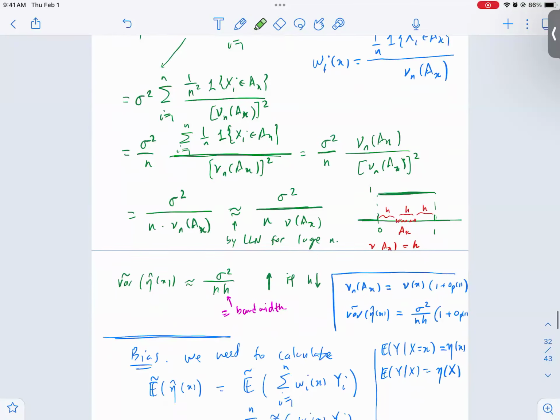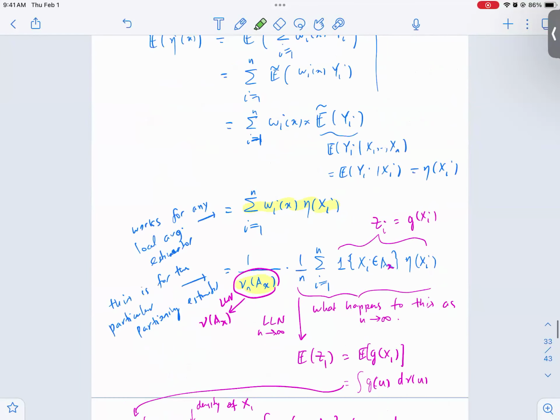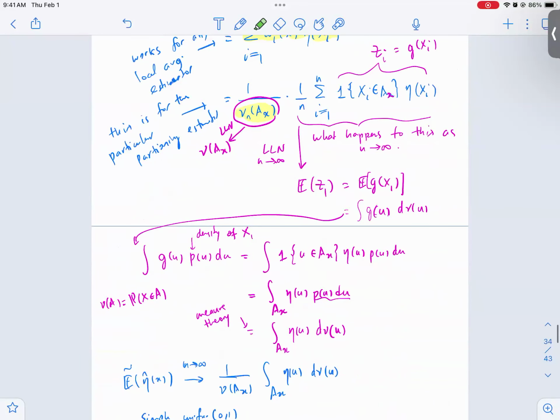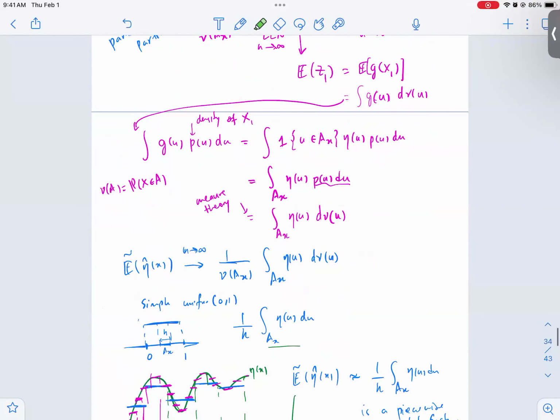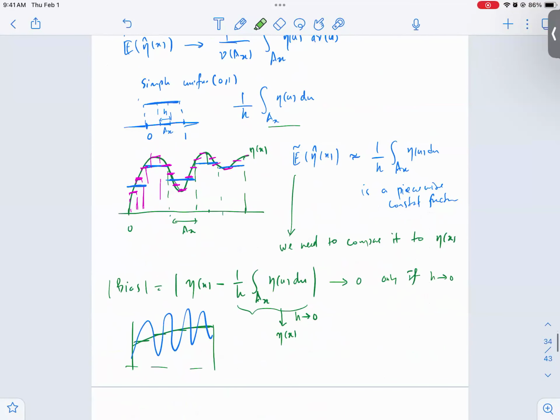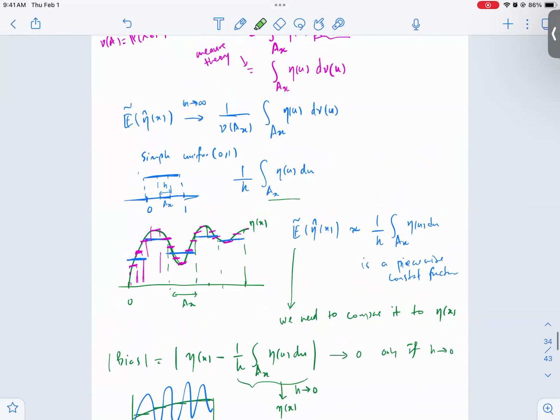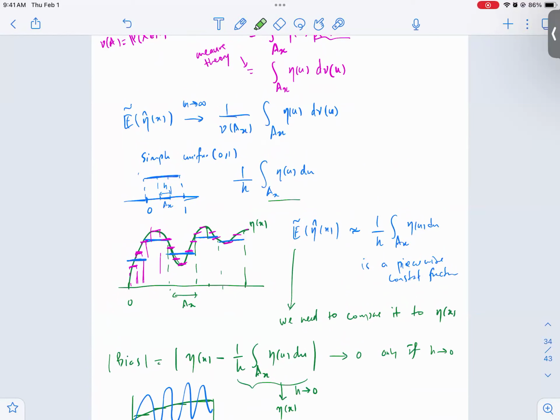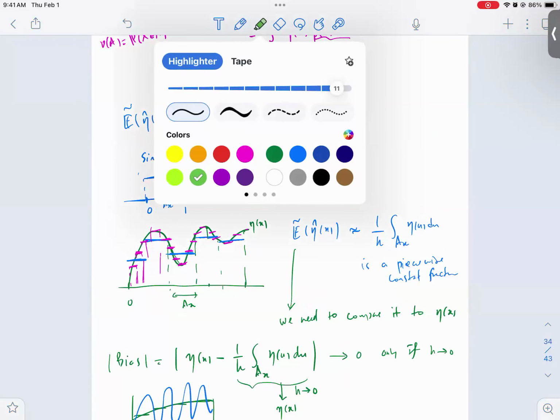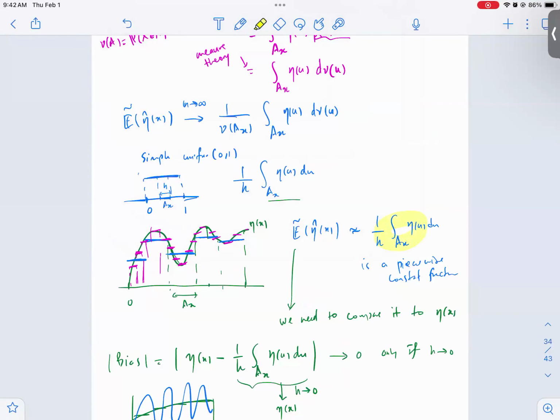we analyzed the bias, which is a little bit trickier. We ended up showing that the conditional mean of eta hat is this quantity.